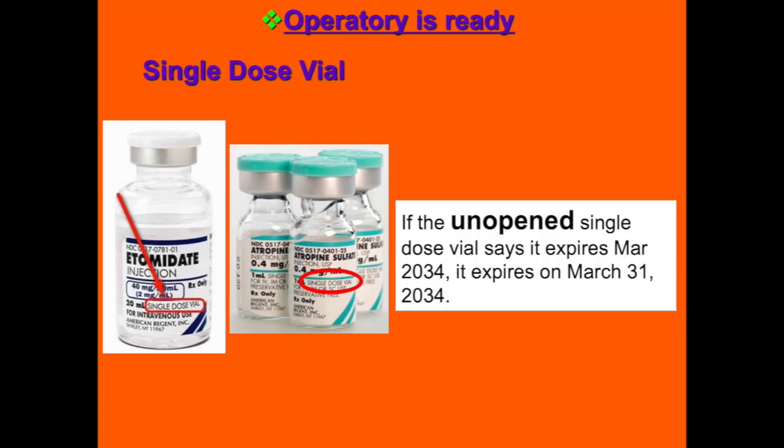So if it's unopened, again, and it's a single dose vial, it expires on the last day of that particular month. So if it's MAR 2034, that's going to be March 31st of 2034. And remember that the single dose expires the day that you pop the top on it, as opposed to the multiple dose vial that's got preservative with it.